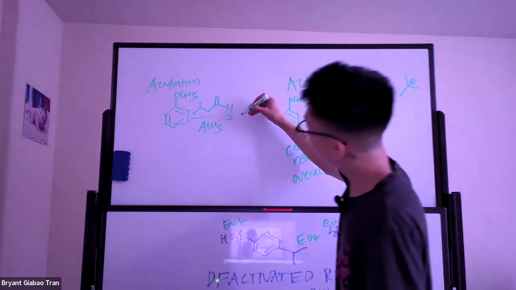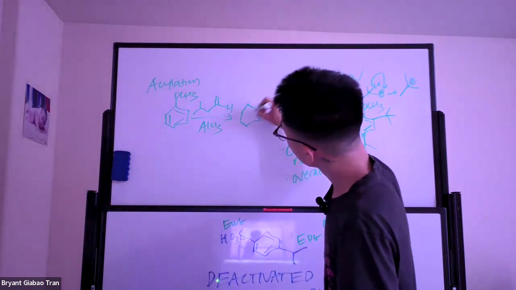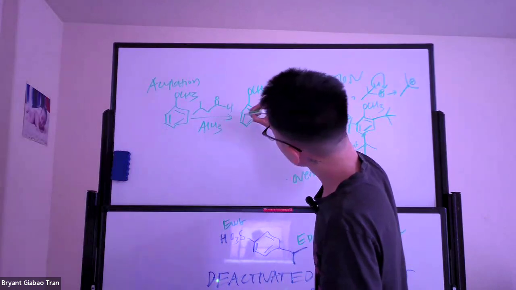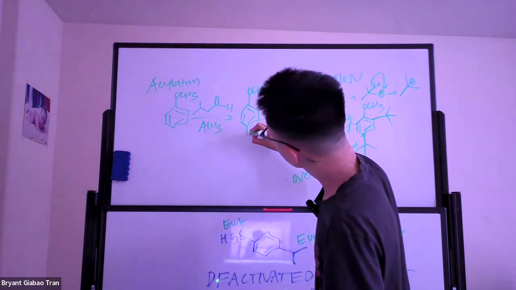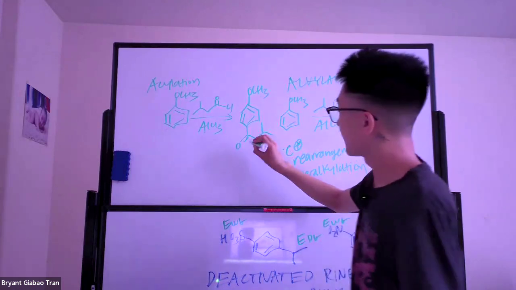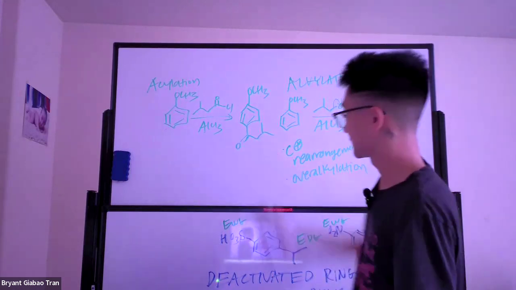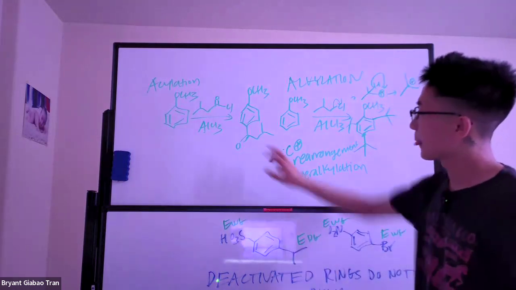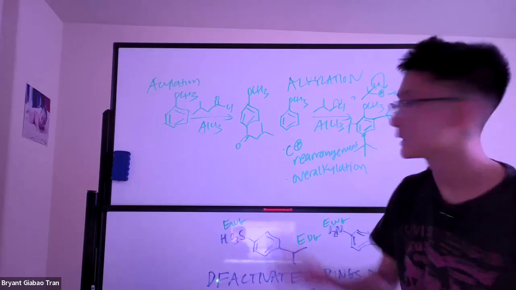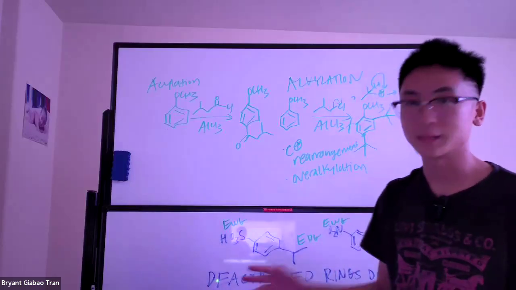Now, I'm just going to put this in the para position to get the major product. You're just substituting the chlorine with the benzene ring here. The carbonyl is still there. The R group is still there, like that. And it only reacts once. And there's no carbocation rearrangement here to worry about, because no carbocation is going to be formed in the mechanism.